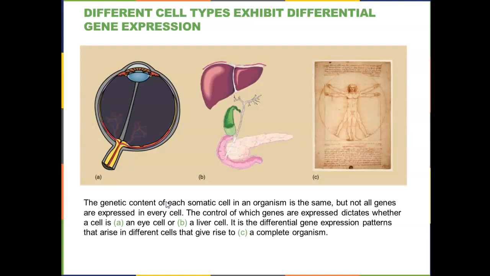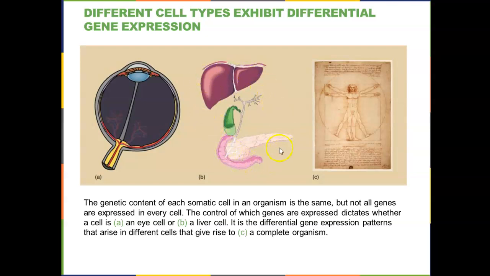cells with different functions. Like here we're looking at an eye, a vertebrate eye, which is an organ made out of lots and lots of different tissues. And here we're looking at organs of the vertebrate digestive system, the liver, the gallbladder right here, bile duct, the pancreas, and the duodenum of the small intestines.